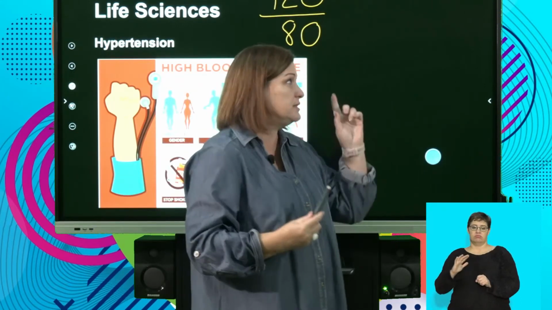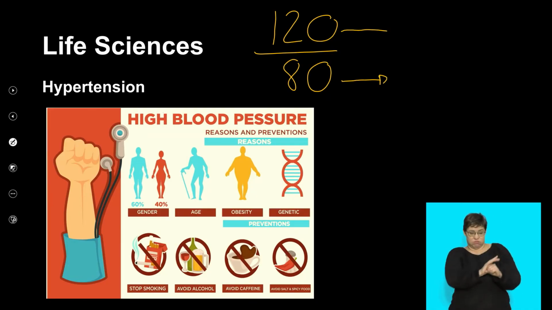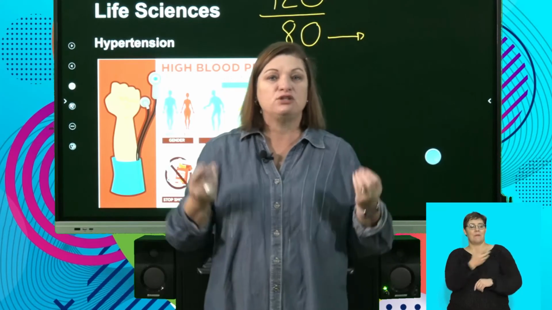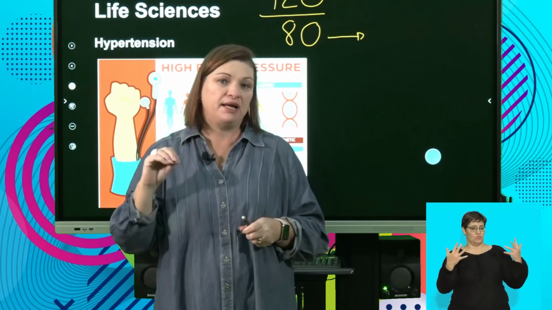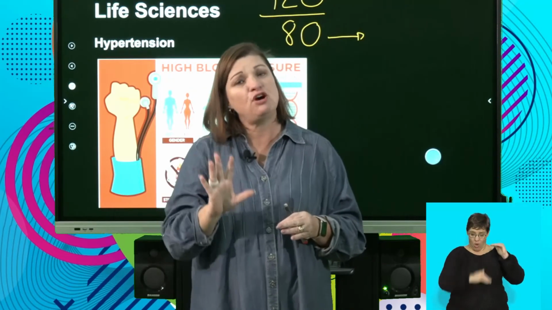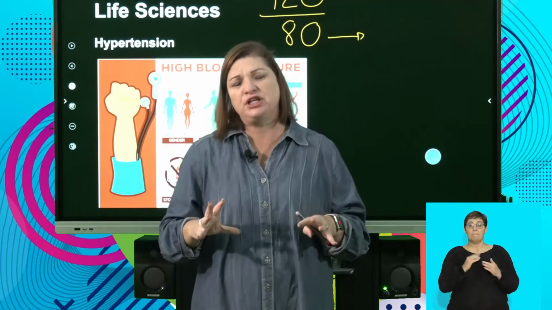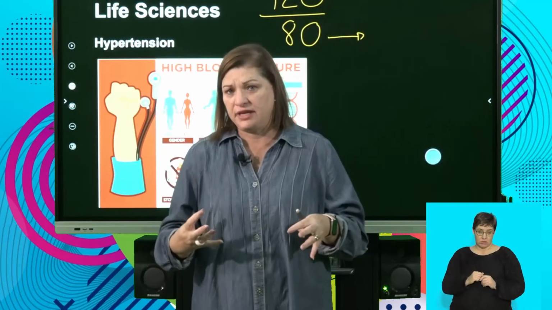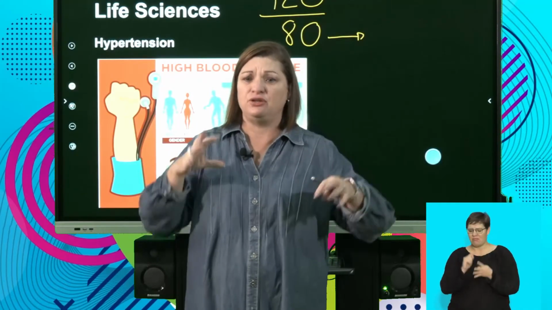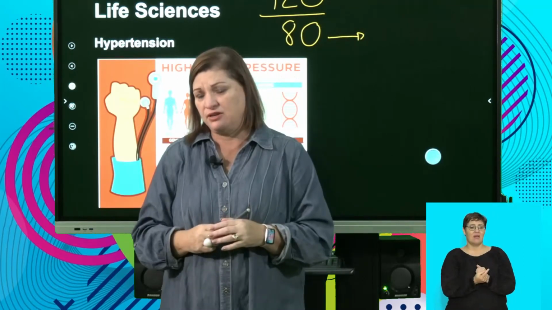Now, as this goes higher, we suffer from hypertension, high blood pressure. You can also have low blood pressure. It's not as dangerous as high blood pressure. High blood pressure can cause a lot of other things that could happen.